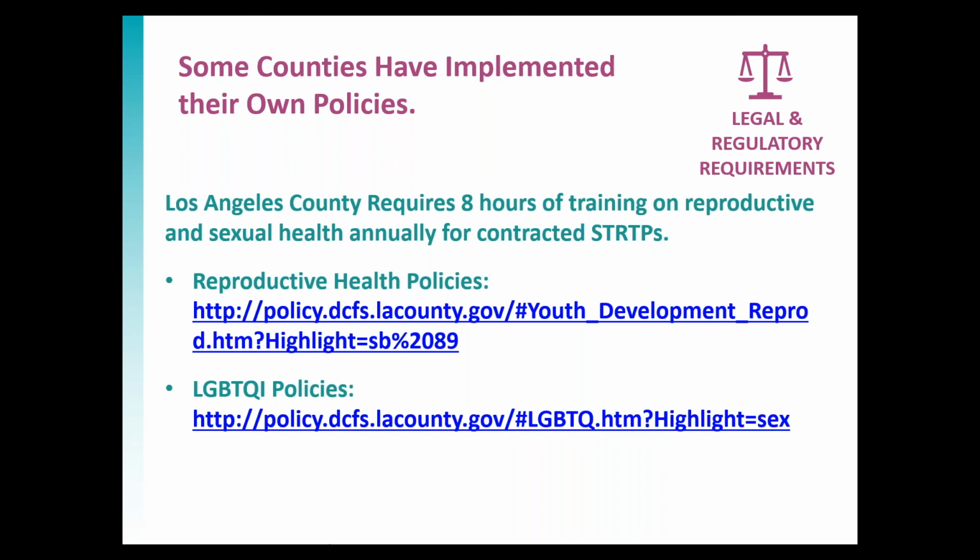If you are an STRTP providing services in one or in multiple counties, it really behooves you to take a look at what those specific county policies are and make sure that you are aware and in compliance with any of the requirements that they may be placing on you through their contracts with you.